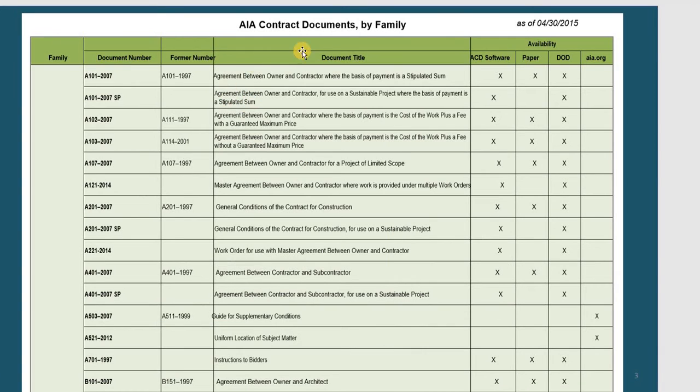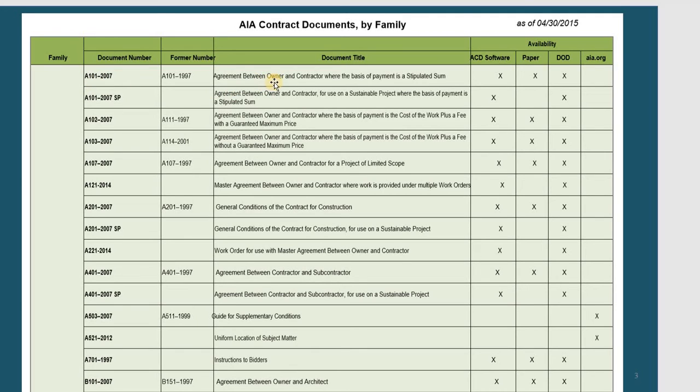So, going back. AIA contract documents are the documents between people working together in a project. For example, A101-2007 means the document they created in 2007.